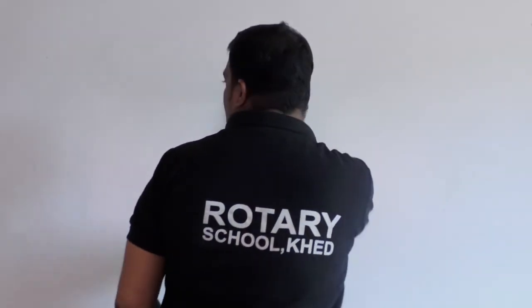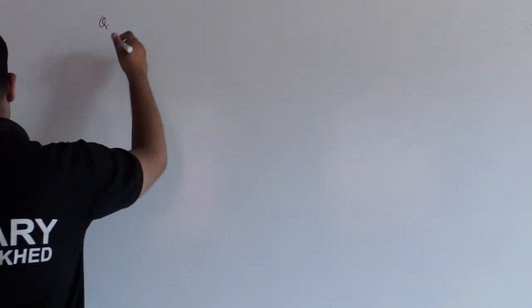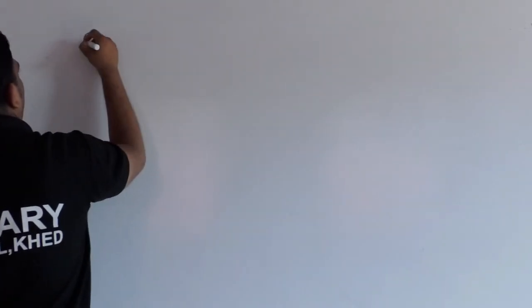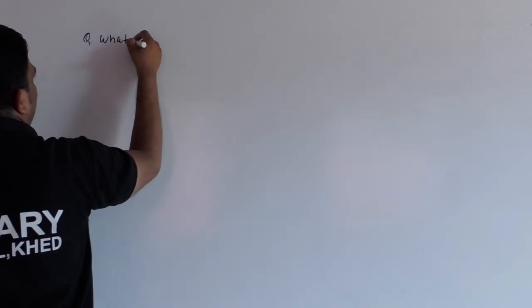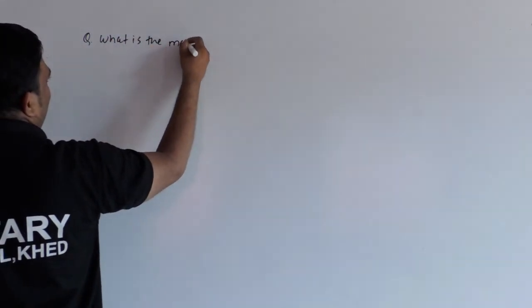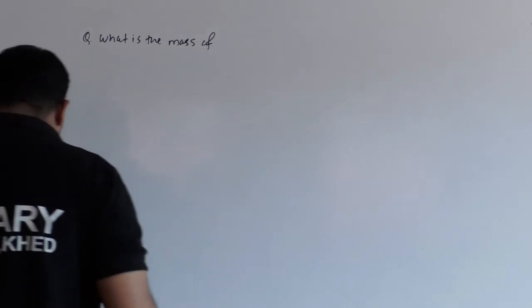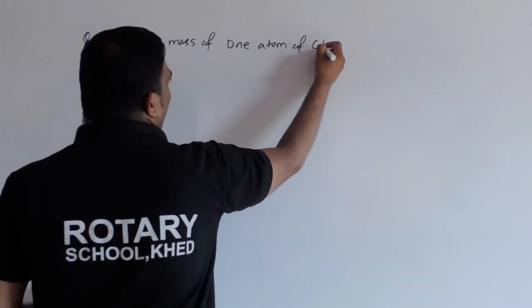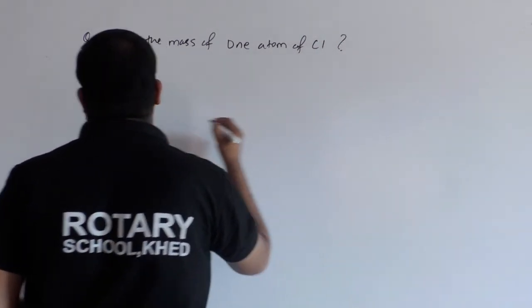Okay, so see here, beta. Suppose I write one question like this. Question, beta. ठीक है. What is the mass of one atom of chlorine? ठीक आहे.